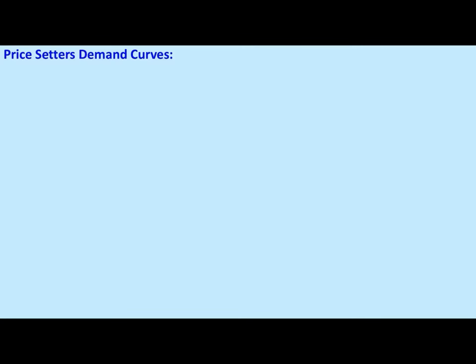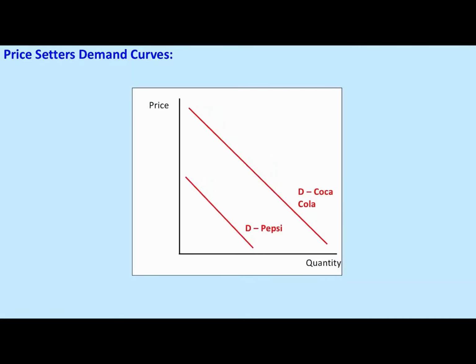Put into the context of their demand curves, that would imply that the Coca-Cola demand curve is greater than the Pepsi demand curve, i.e. Coca-Cola can charge a higher price and still sell the same quantity as Pepsi if it was charging a lower price.